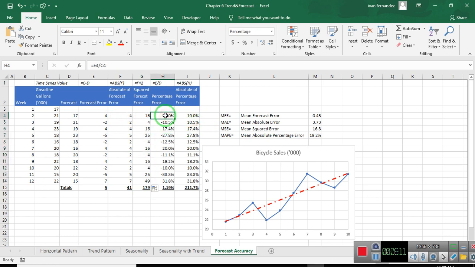So, calculating errors this way, how many dollars you were above, how many dollars you were below, might work, but in many cases it does not work because the magnitude of the numbers is kind of masked. This is what I'm trying to say.